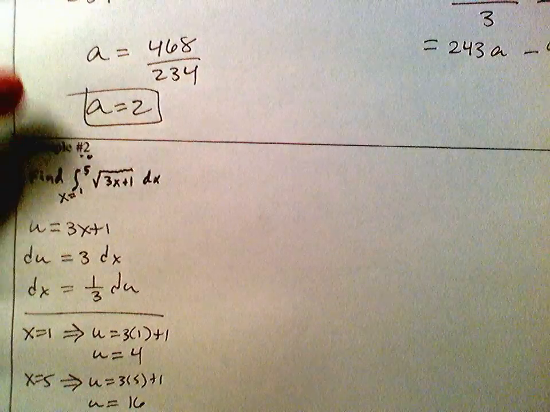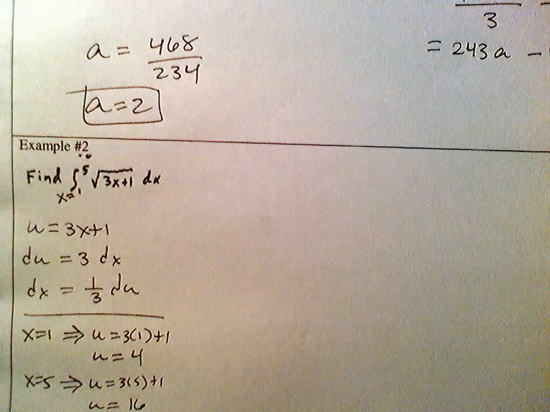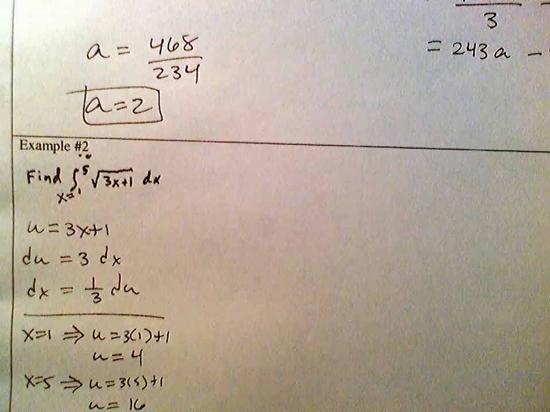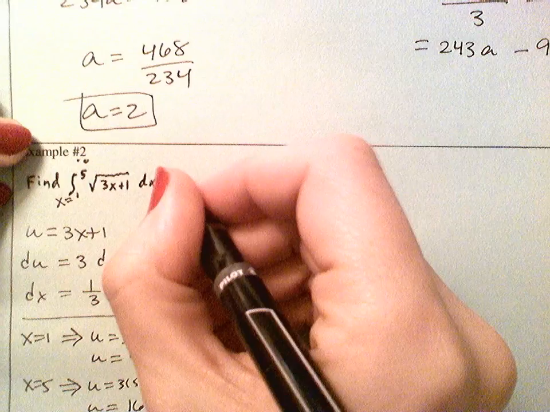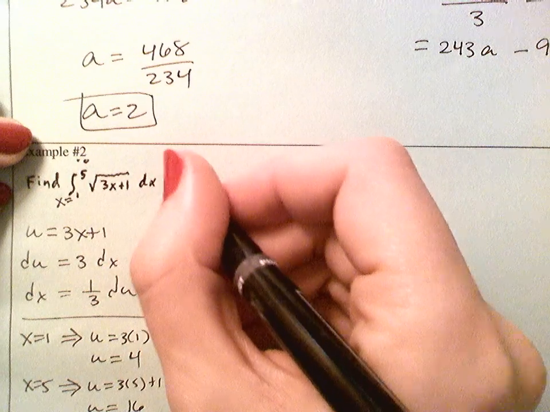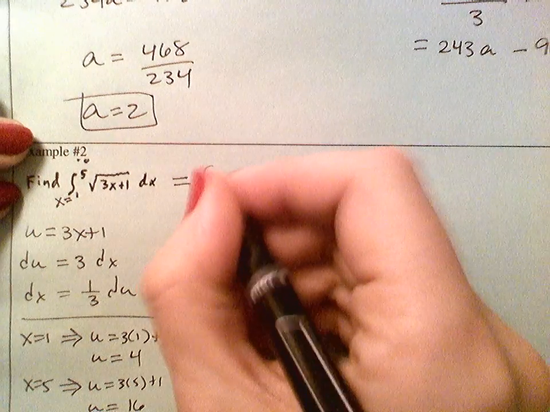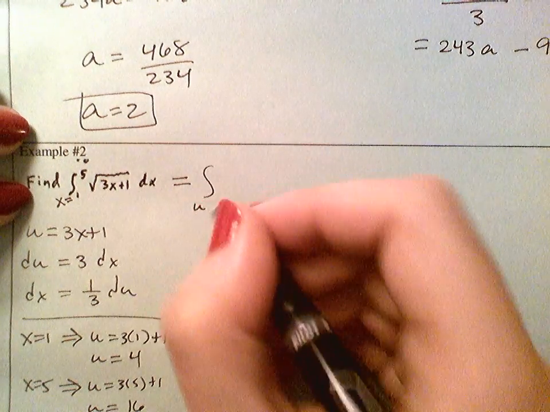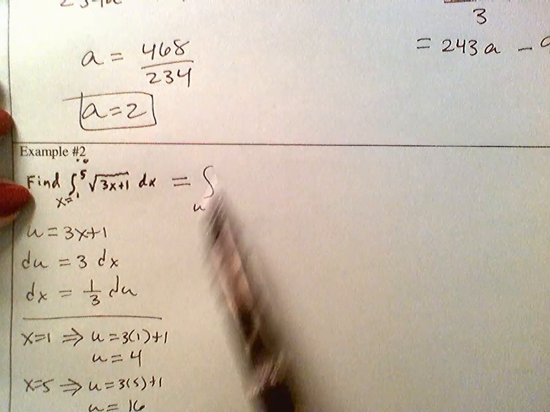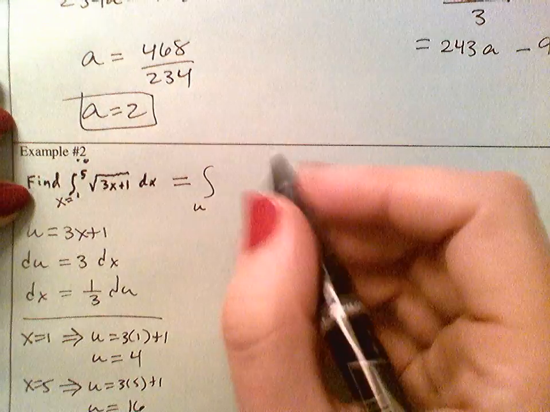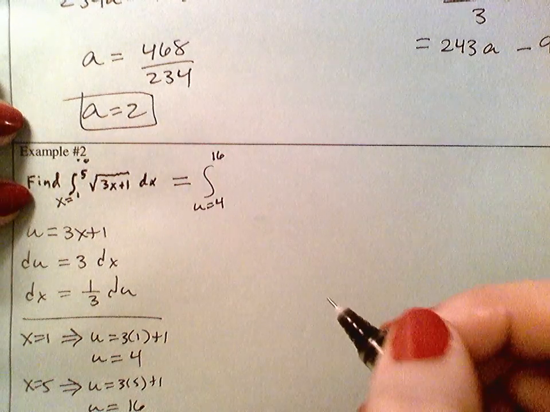This method that I'm teaching you right now is going to avoid having to plug all the x's back in. We can just do this in terms of u completely. So this is equal to the integral, and I think it's important that you say x is equal to those, and now that we're changing it to u, from u equals 4 to 16.